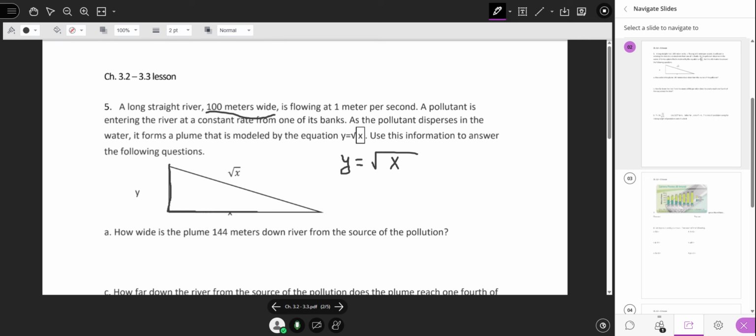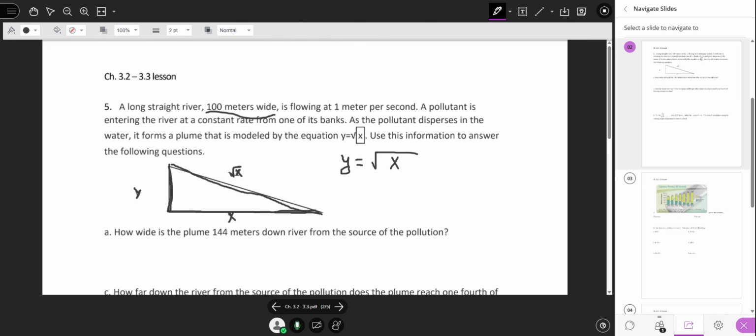We do have this visual for us, which is really nice. We've got this kind of right triangle, and we've got the square root of x, which is part of the equation, and then we have the y as the side. And x, right down here, is the base. It cut it off a little bit.